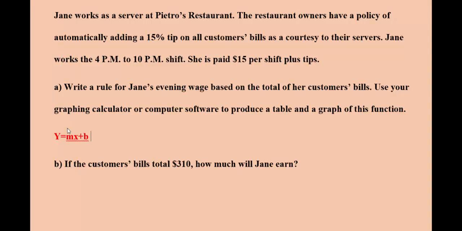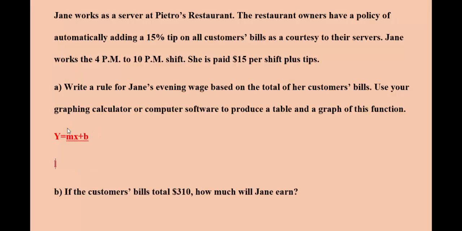So if I want to translate this into a linear function, I need to define my variables first. What is y and what is x in this situation? What depends on what? What is the dependent variable and what is the independent variable? So I tell myself that let w represent Jane's evening wage.